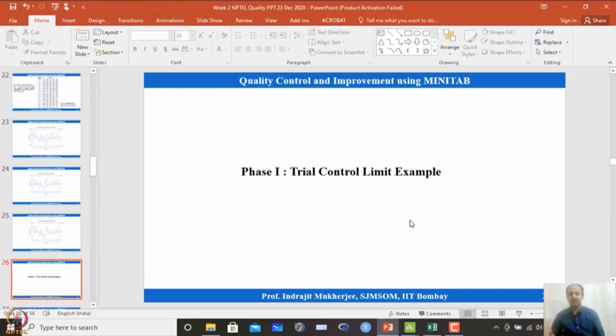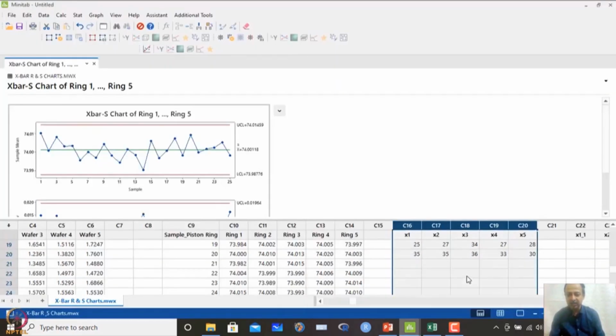How it is calculated, we have to understand, that is how this trial control limit line is given in phase 1. So, phase 1 control charting is the first phase where control charts, upper limit lines and lower limit lines are developed. At this stage these trial control limit lines are given, and we should understand how.